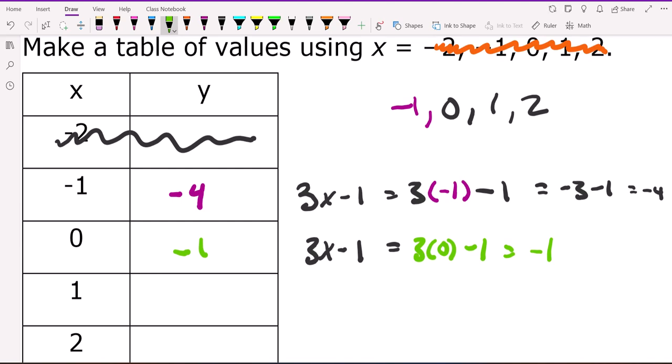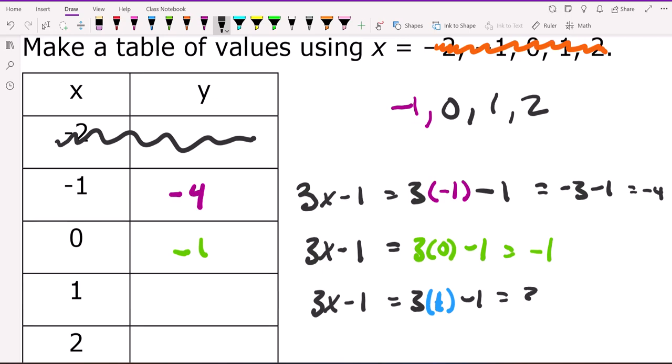Now, you've got 2 points. Maybe you made a calculation mistake, but at least we can predict a pattern. What are we going up by or down by? Up by 3. So according to this pattern, our next one should be 2. So let's use our equation, 3x minus 1. This time I'll use blue. Use 1.